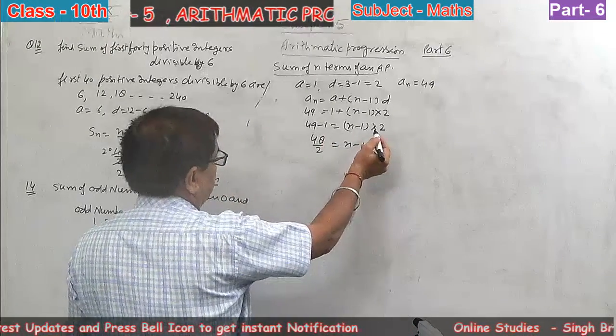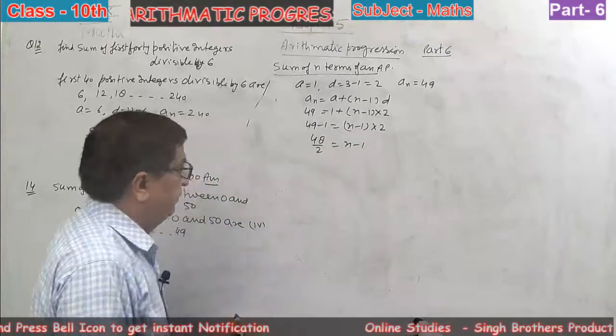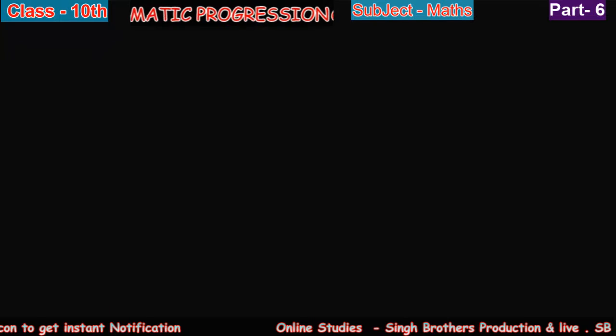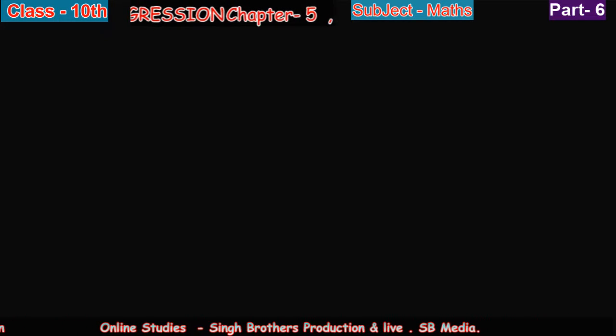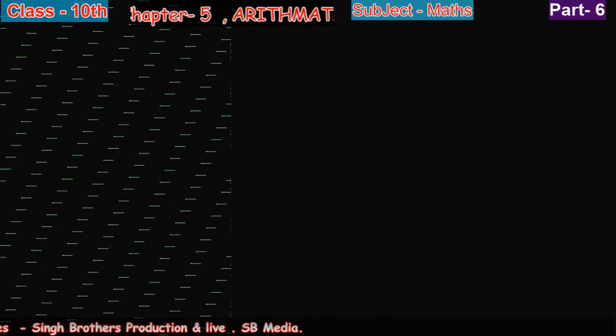The 2 here is multiplied, so it will come to the right side and become divide. So it will be 24, and n will be equal to 24 plus 1, that is 25.